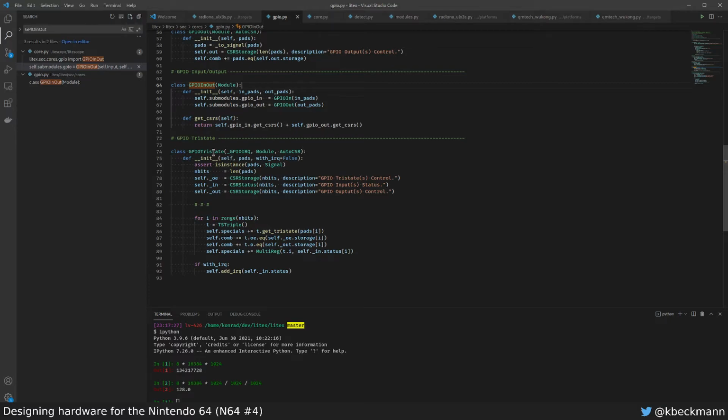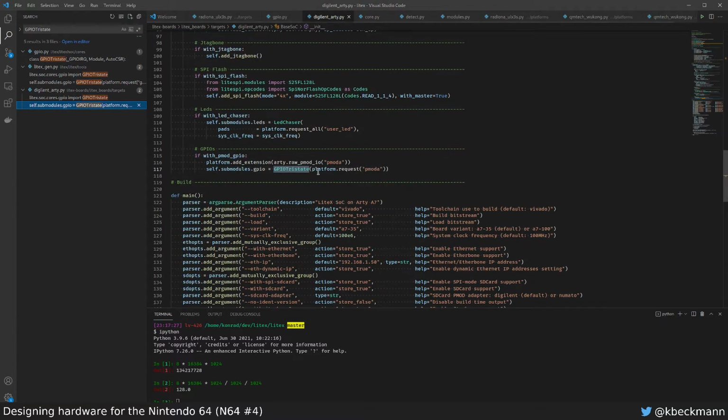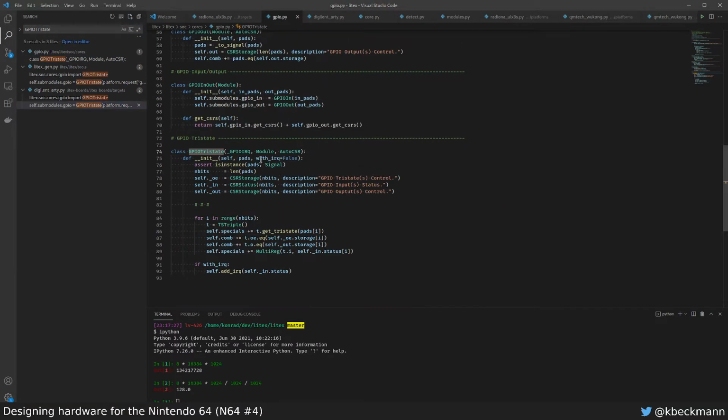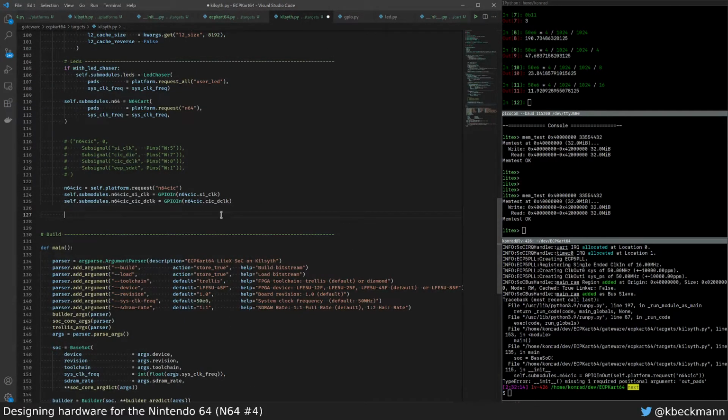So my question right now is, okay, there is a GPIO tri-state. Good. That is actually what I want to use, because I want to control the output enable with the register. So yeah, this is what I want to do. And you just, oh, that's perfect. Cool. That seems to be super easy to use.